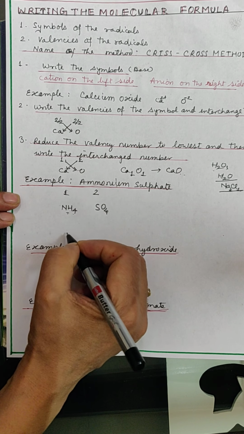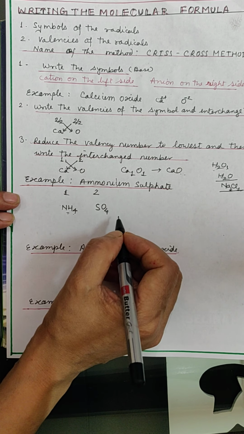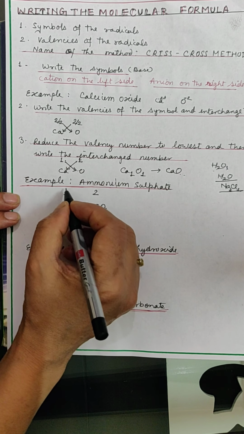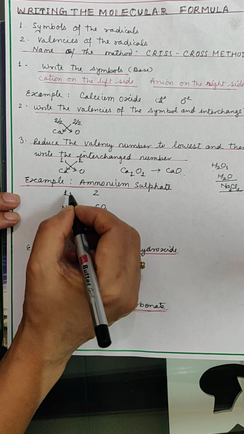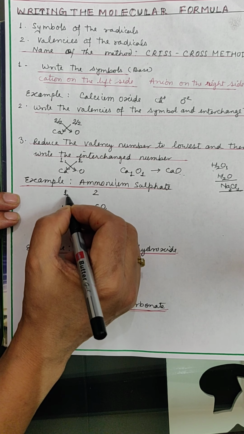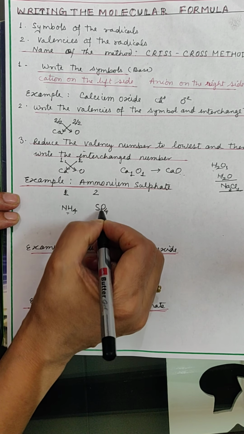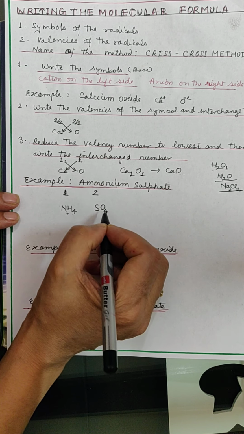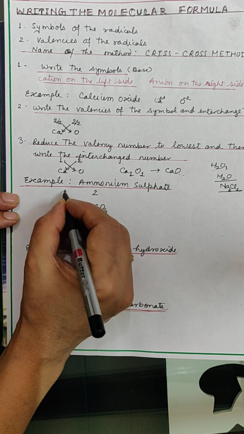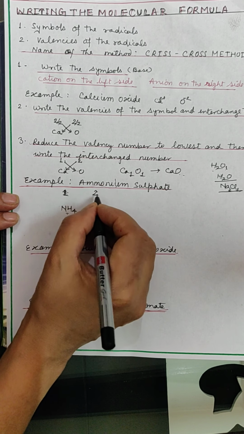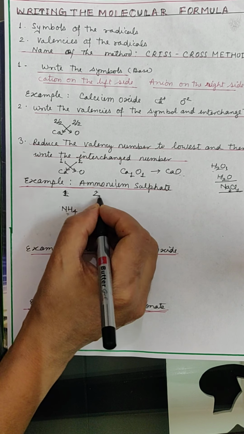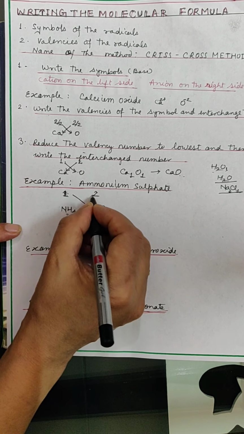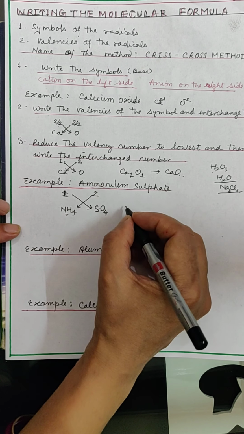We could have written them below as well, it doesn't make any difference, because finally what we have to do is crisscross, that is, the valency of the cation will go to the anion and the valency of the anion will come to the cation, that is, interchange of valencies. And 1 and 2 are already the simplest ratio, we cannot make it simpler. So we simply interchange the valency.